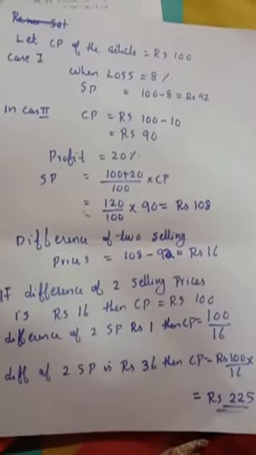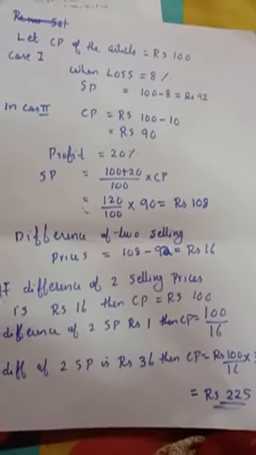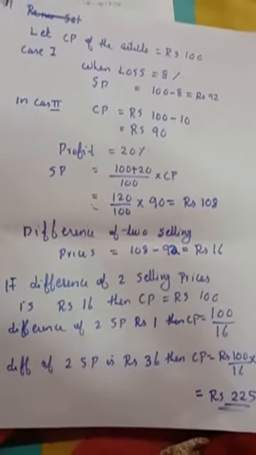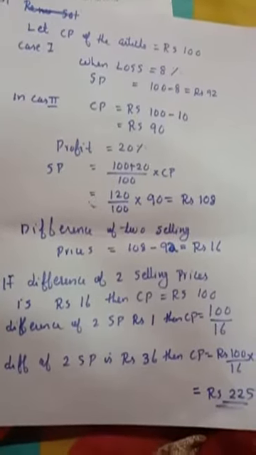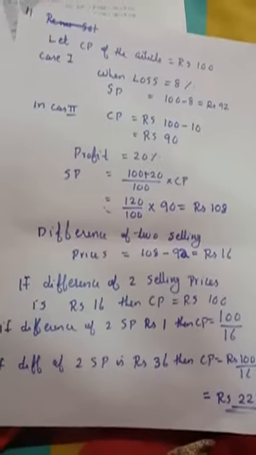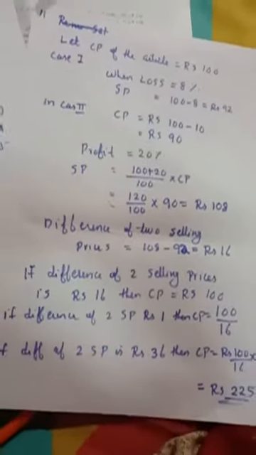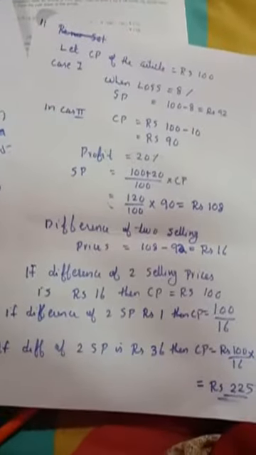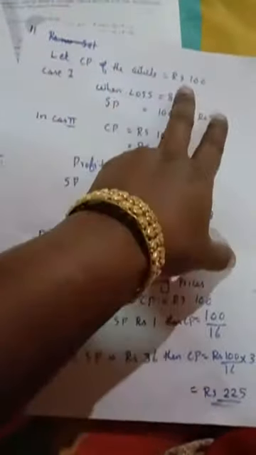So see here 108, here 92, here loss, here profit. So difference in two selling prices, 108 minus 92, 16. If difference of two selling prices is rupees 16, then what is CP? Here we assume CP 100.